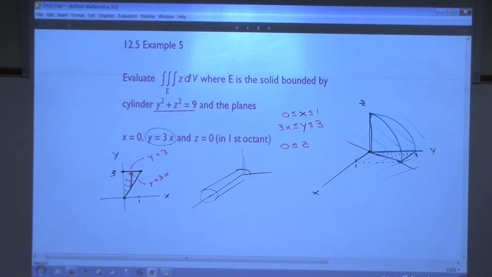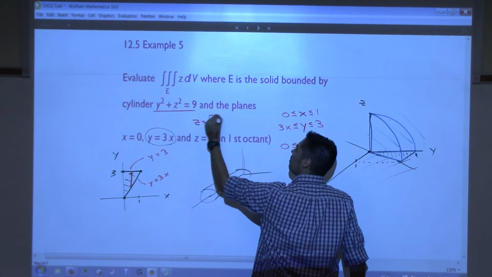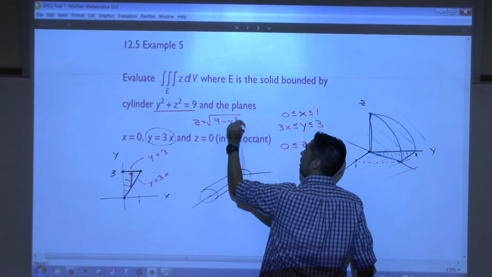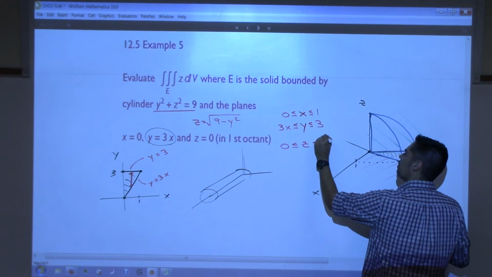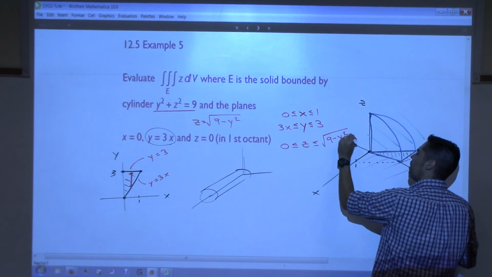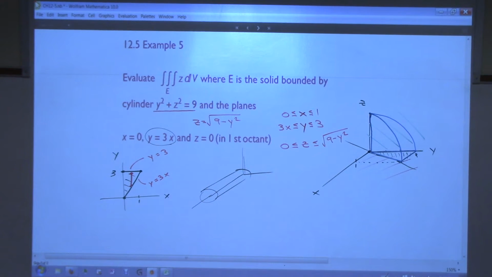You're going to get a plus or minus square root when you do that, but you're only looking at the plus because it's the top. So solve that, you get z is equal to square root 9 minus y squared, right? So this is square root 9 minus y squared. And then you set it all up, right?